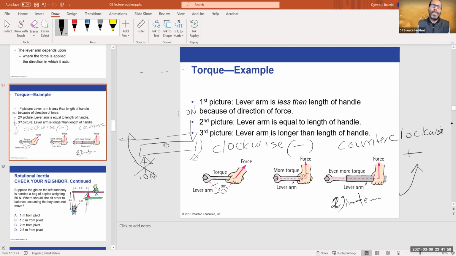Make sense? Can you repeat that? Okay. Our second item of the discussion is to recognize the convention for positive rotation. Rotation is said to be positive if it is counterclockwise, against the clock. Good?